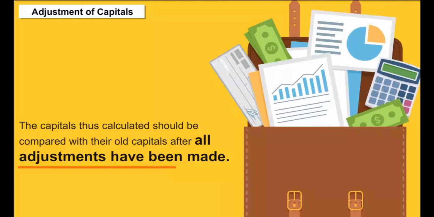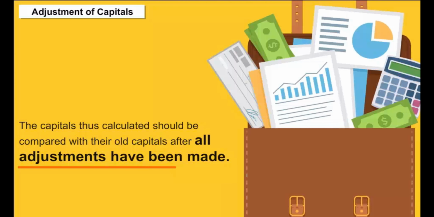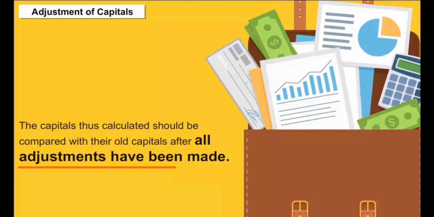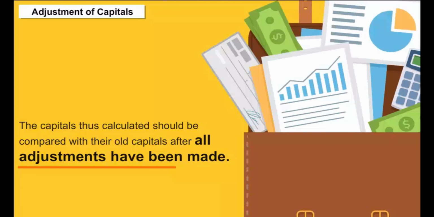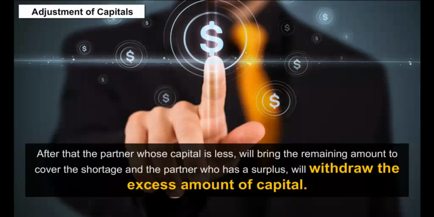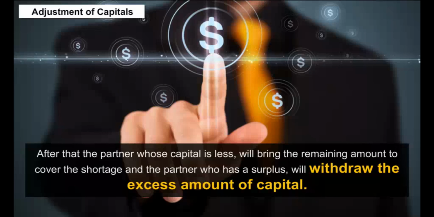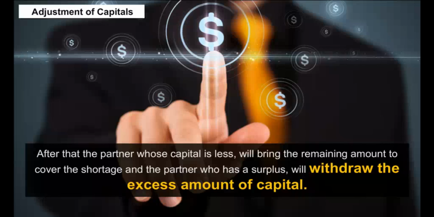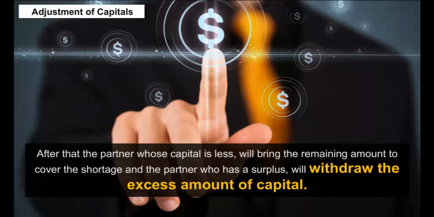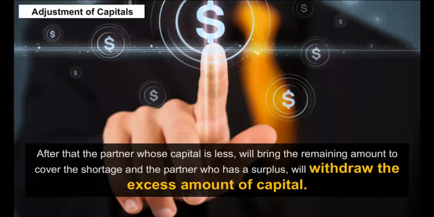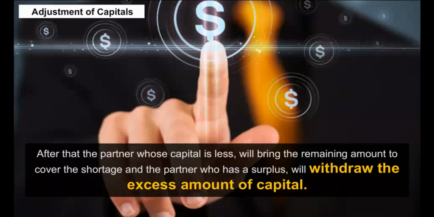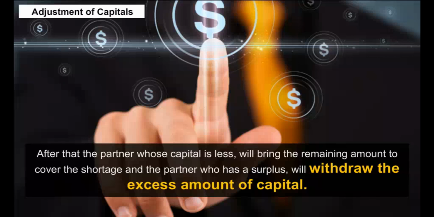The capitals thus calculated should be compared with their old capitals after all adjustments have been made. After that, the partner whose capital is less will bring the remaining amount to cover the shortage, and the partner who has a surplus will withdraw the excess amount of capital.